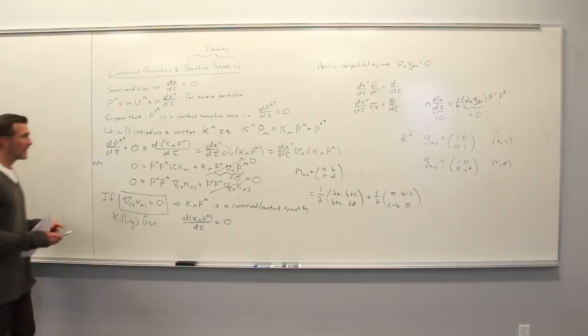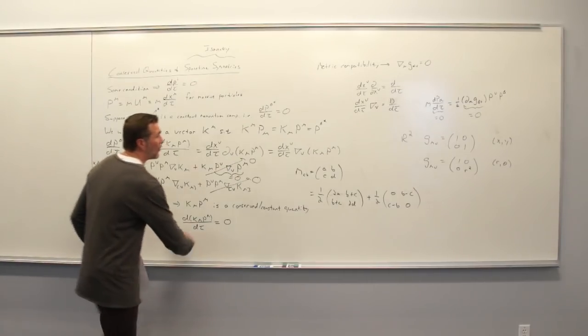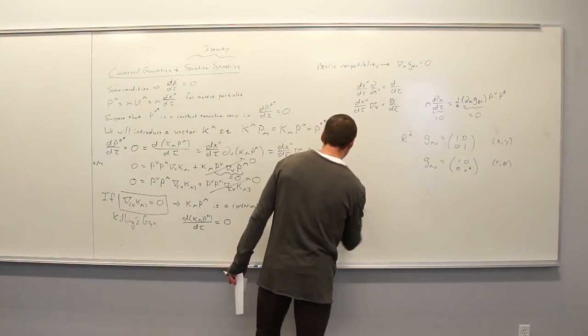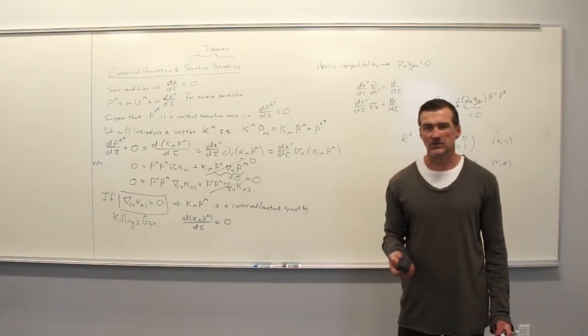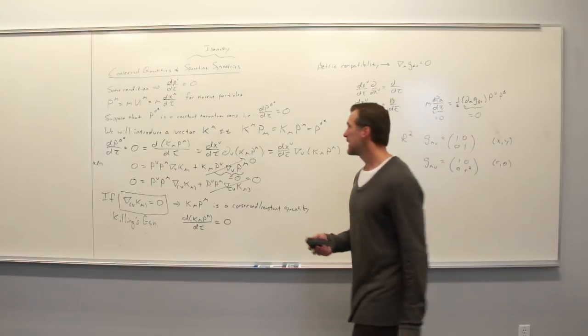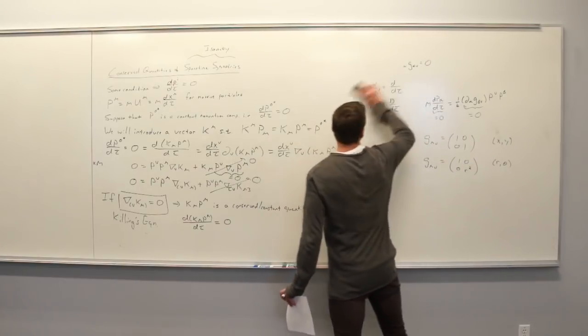Okay? Now, one might ask the question, how many Killing vectors should we expect to find? Like, how many solutions to this should there be? And that is actually a very interesting discussion.